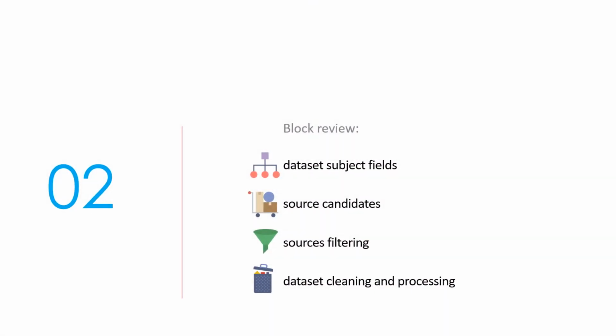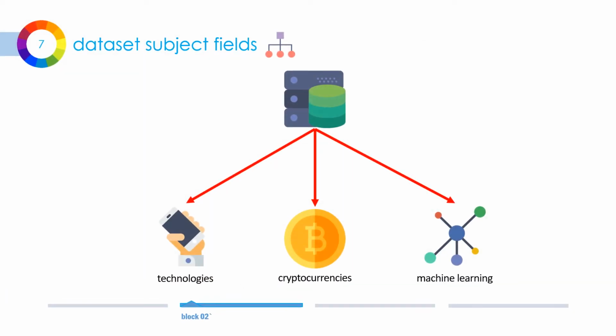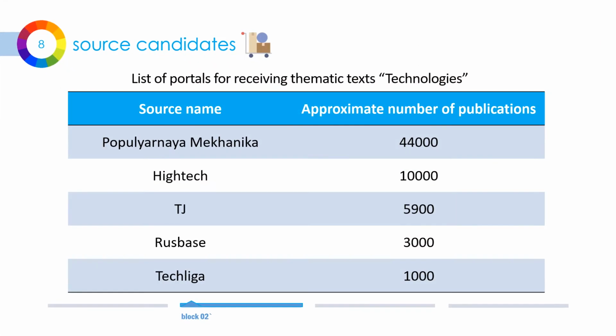In section number 2, we are going to discuss the dataset. The primary task before training was the search for the number of articles on the portals we have.